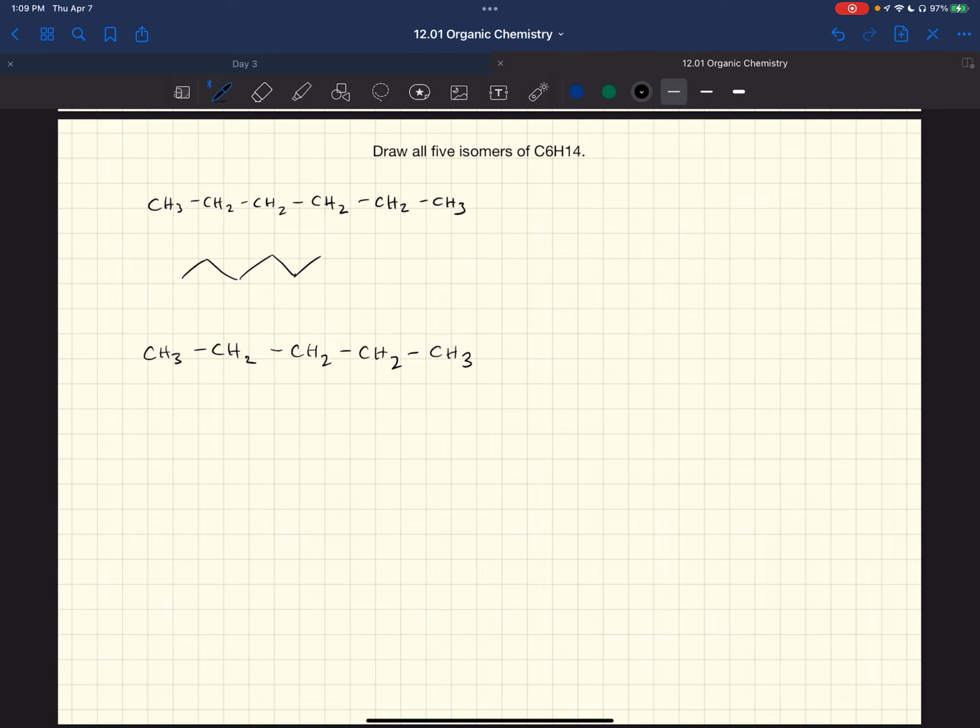Okay, so now we're 5 carbon chains long, which means that I have one more carbon left. Oh, and when doing this, it's best to just put the carbons in first. Now, I can't put that next carbon off of the end because then that's the same structure as this one. Okay, so I can't put it there.